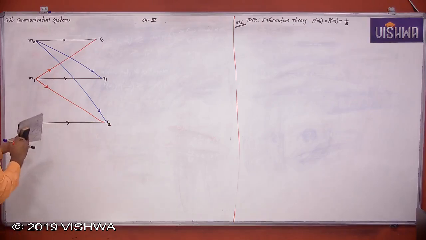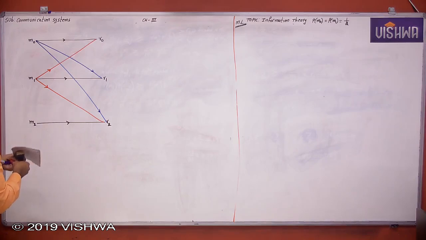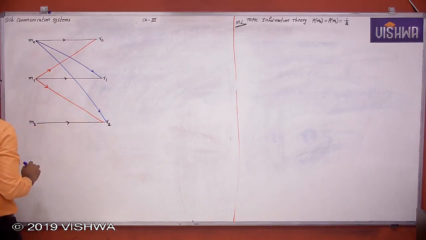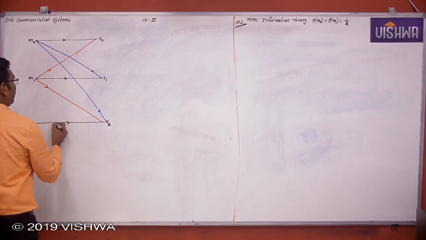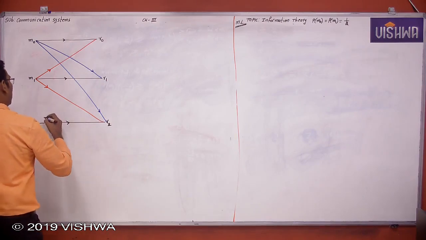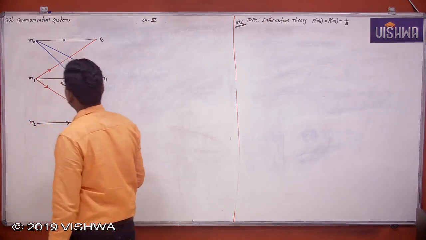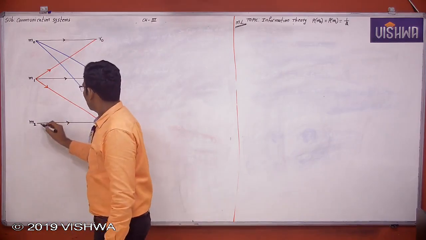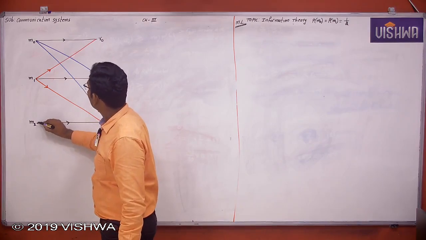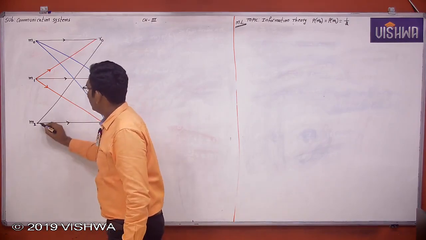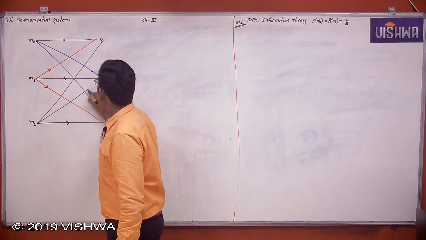Similarly, when M2 is transmitted, R2 is received. When M2 is transmitted, R0 is received. When M2 is transmitted, R1 is received.